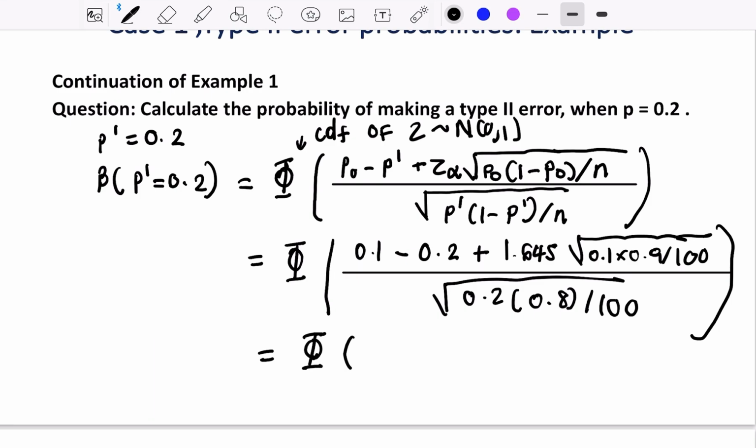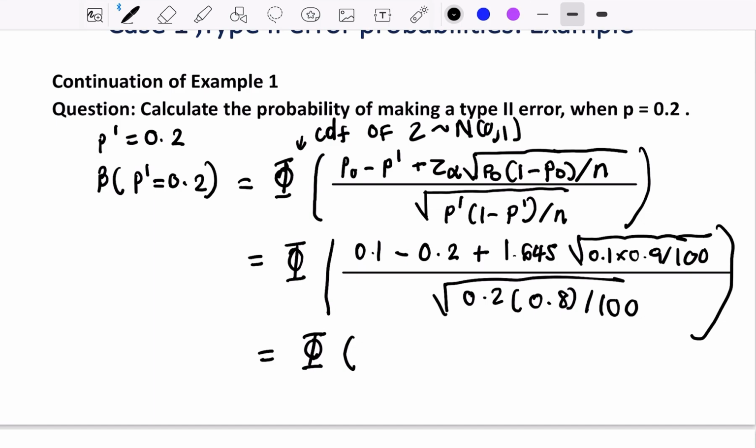Okay, pressing this into your calculator. So it's 0.1 minus 0.2 plus 1.645 multiplied by the square root of 0.1 multiplied by 0.9, all divided by 100, divided by the square root of 0.2 multiplied by 0.8 and divided by 100.